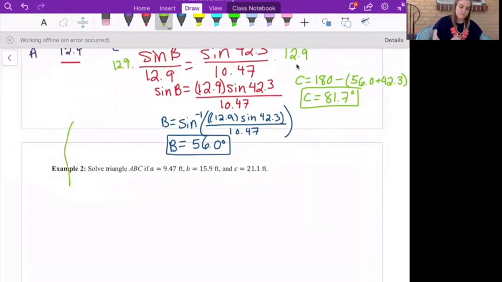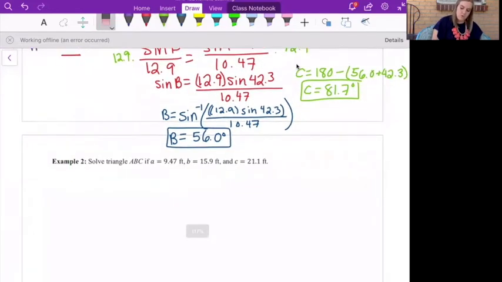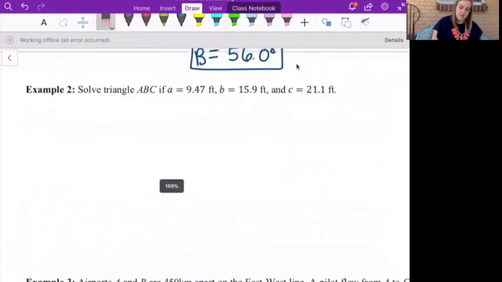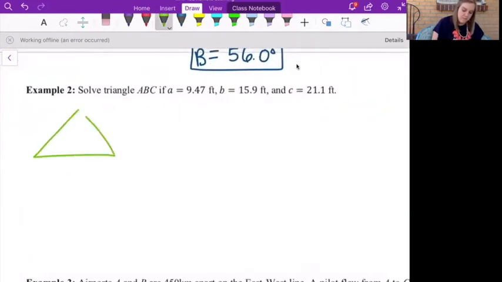For our next one, we're given side A, B, and C. So again, if we draw this out, A is across from A, so 9.47. B is across from B, 15.9. C is across from C, so 21.1.